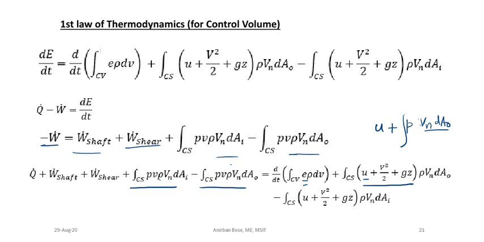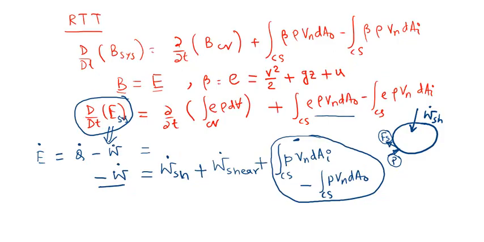If you want to take rho common, then you have to multiply by rho and divide by rho. What I mean to say is that you just make this adjustment.